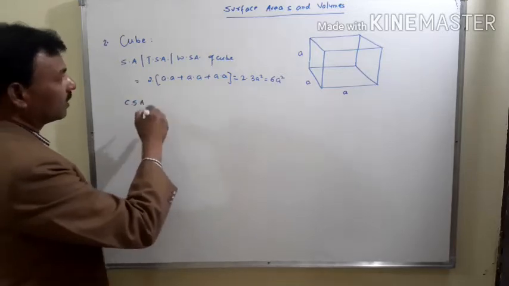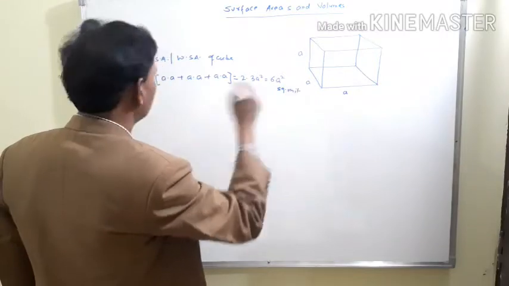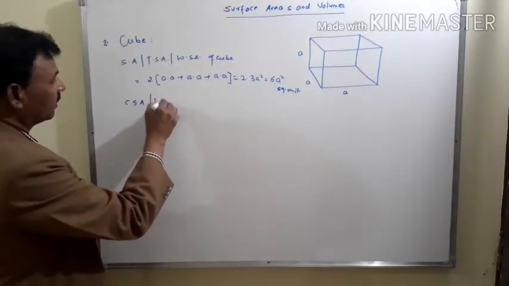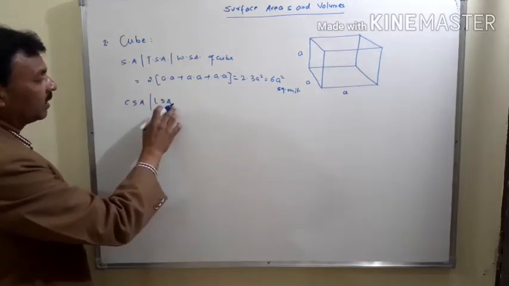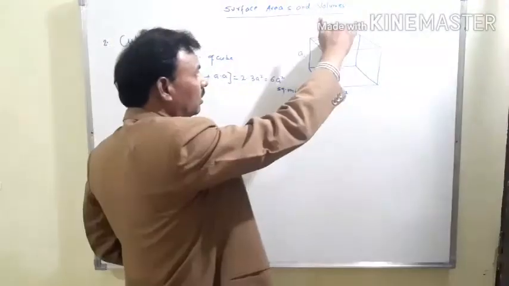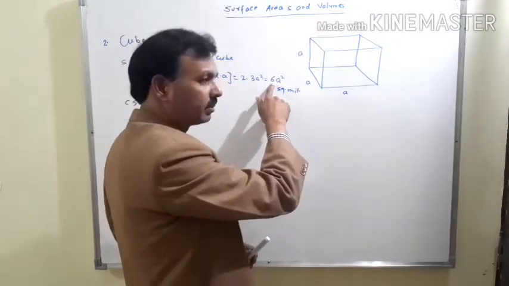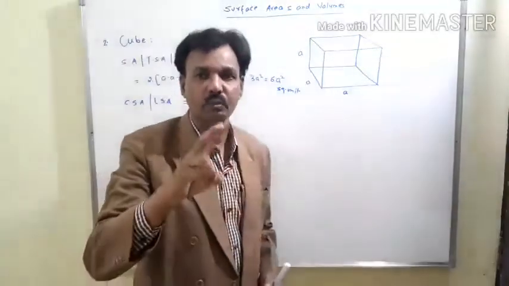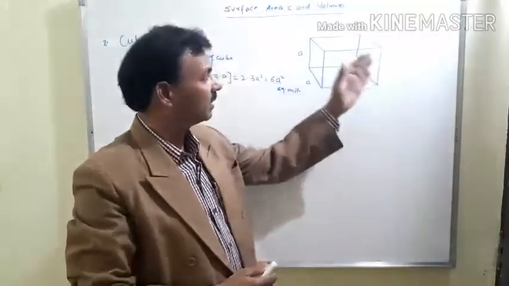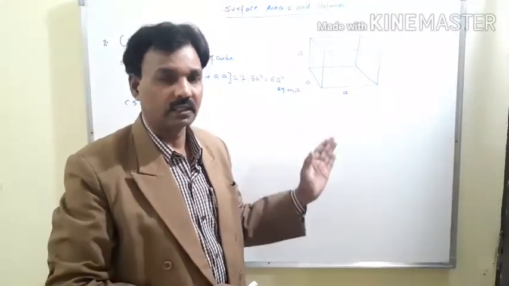The unit of this is square unit. CSA or LSA, curved surface area or lateral surface area: if we leave the top face and bottom face, then this is the area of 6 faces, and if we leave the 2 faces, top and bottom, then the remaining area of 4 faces is known as LSA or CSA.